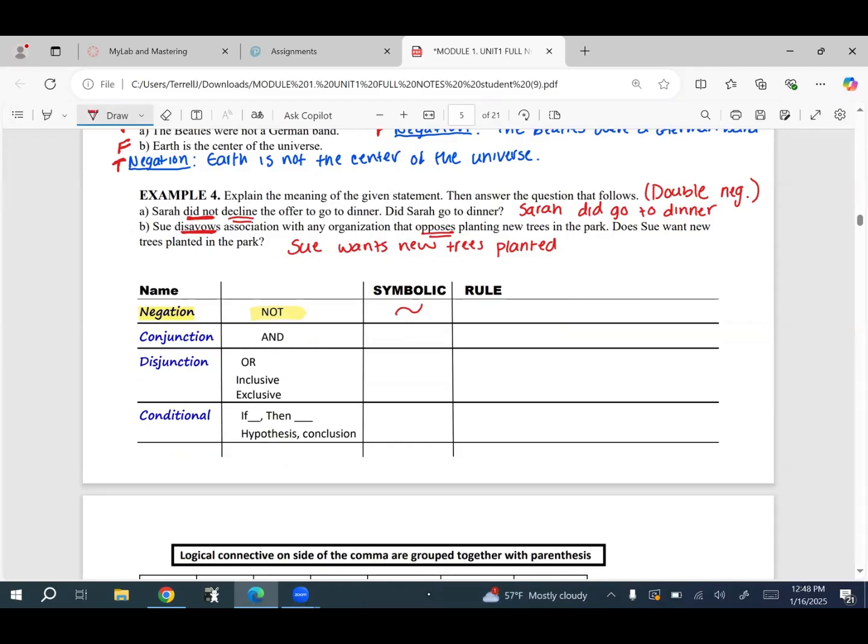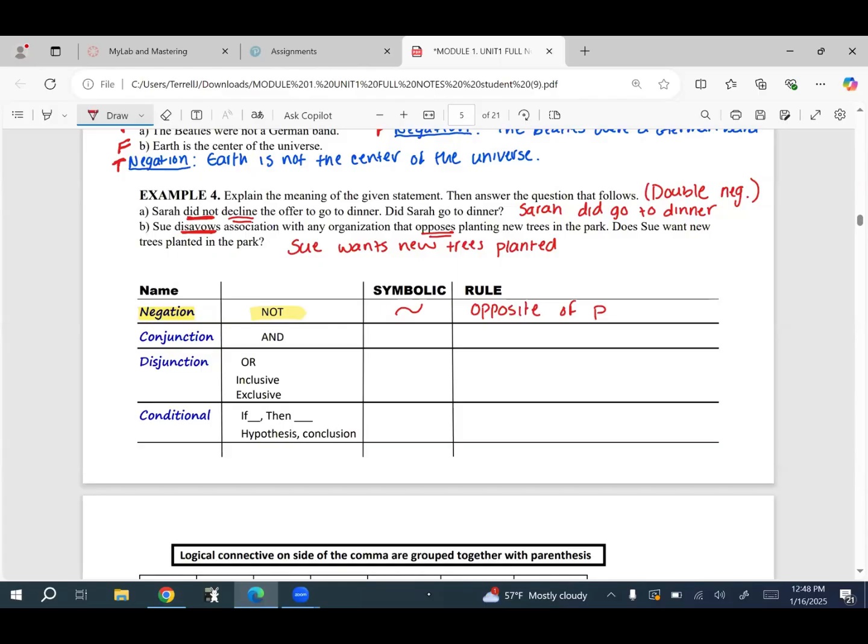And I'm going to write the rules for all these things, so bear with me, copy them, and I'll explain them in a second when we actually do a truth table. So the rule for negation is, if I have a proposition P, just a simple statement, complete sentence, the negation would be the opposite of P. Now, remember we talked about and as it connects two or more propositions.